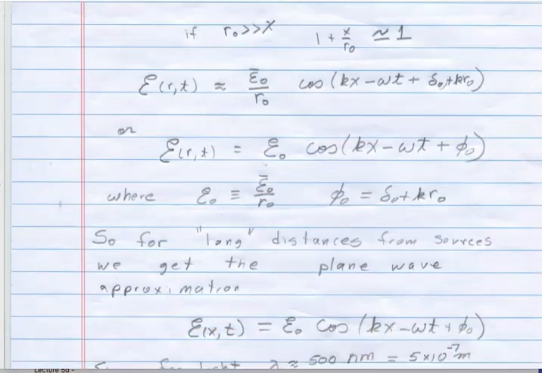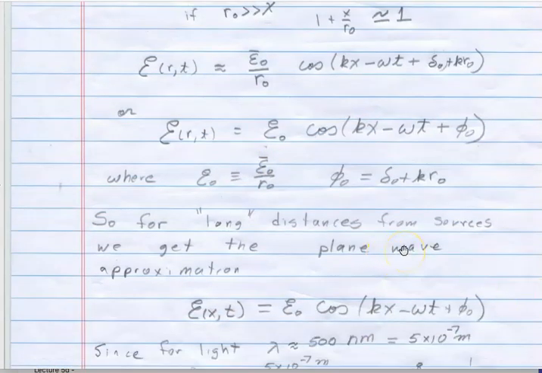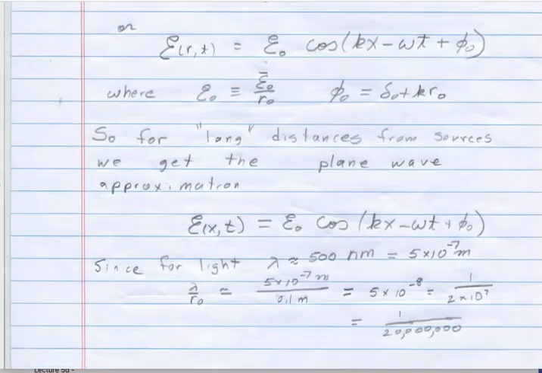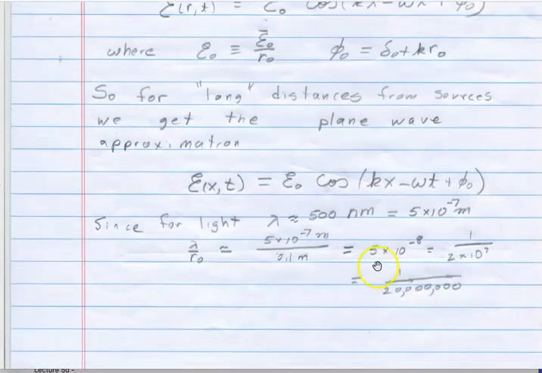So for large distances from sources that have very short wavelengths, we get the plane wave approximation. Again, it's an approximation, but it's a very, very good one. For light, lambda is 500 nanometers, something like that.